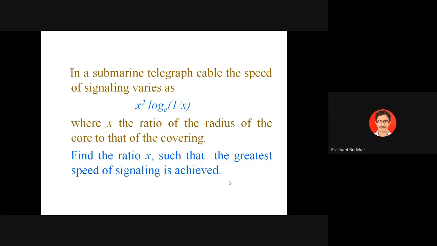But if I directly write the function like this only, x square into ln 1 upon x, MATLAB will treat it by default as a minimization type function. So I should be careful. I should convert it first into minimization type, and then we shall proceed further for applying the tool.